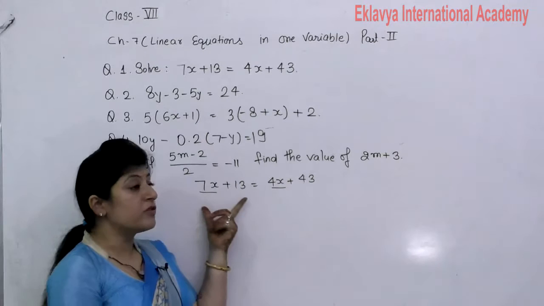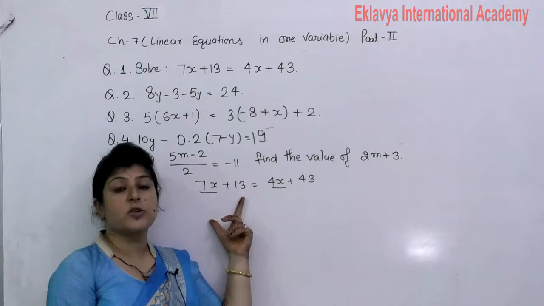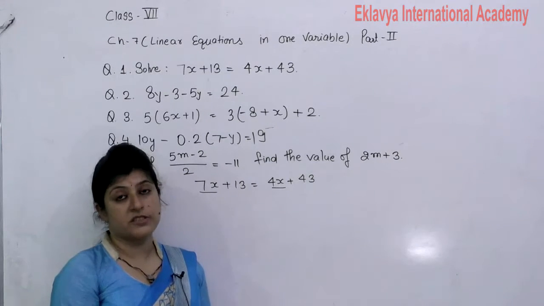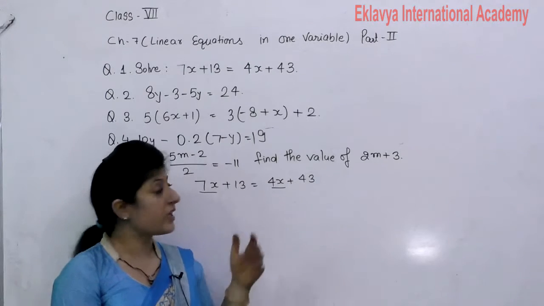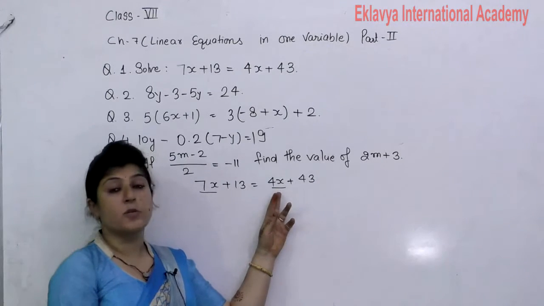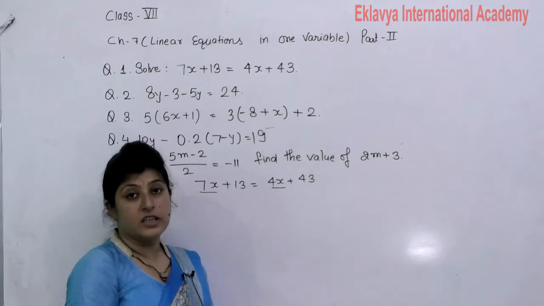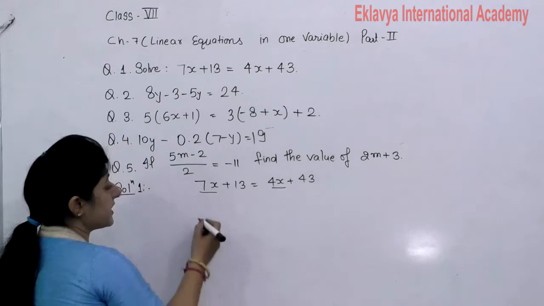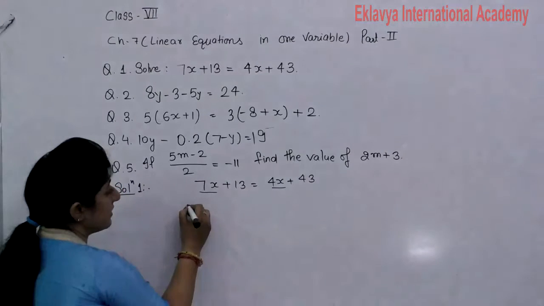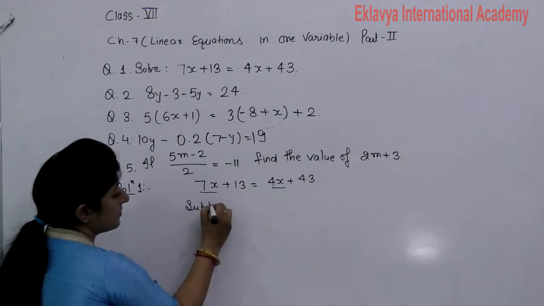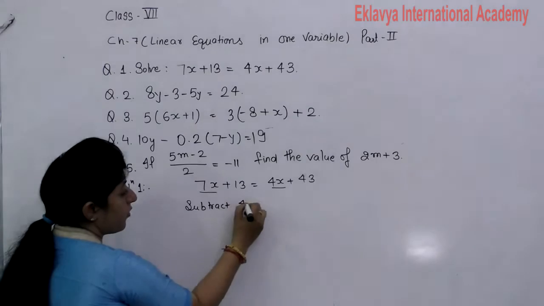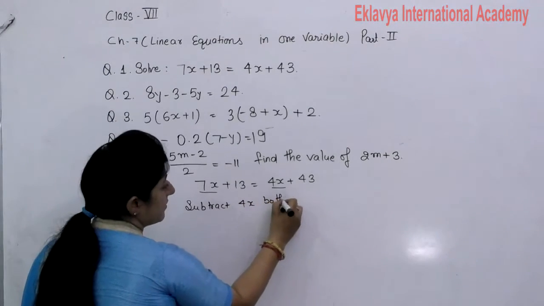You want to remove 7x from this equation or you want to remove 4x from this equation, it depends on you. So suppose this is the smaller term, so I want to remove 4x from both sides. So what we will write down, similar thing, subtract 4x both sides.